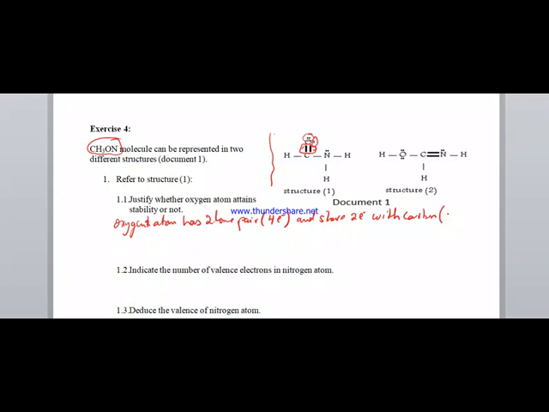With the shared electrons, we have 4 electrons as shared electrons. So the total number of electrons is equal to 8. So it satisfies the octet rule. So the oxygen atom attains stability. Then it attains stability.